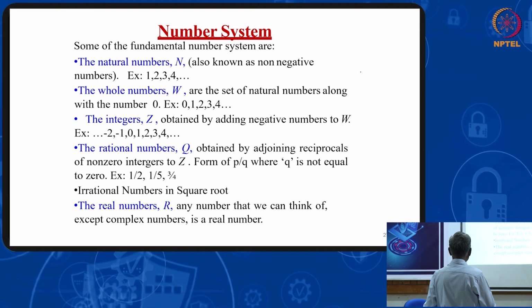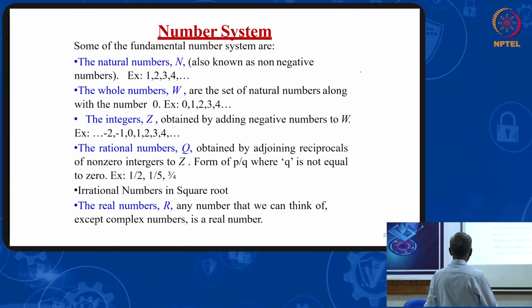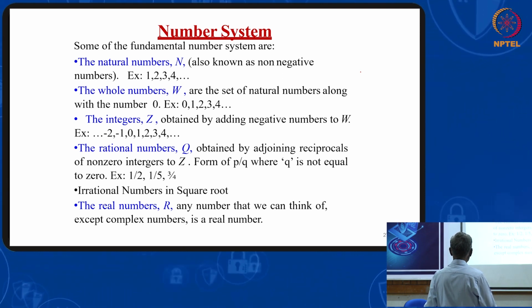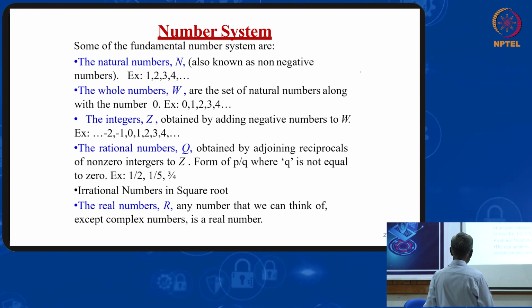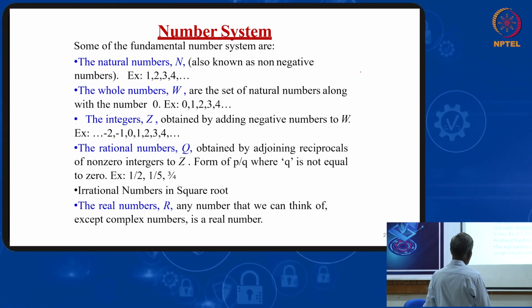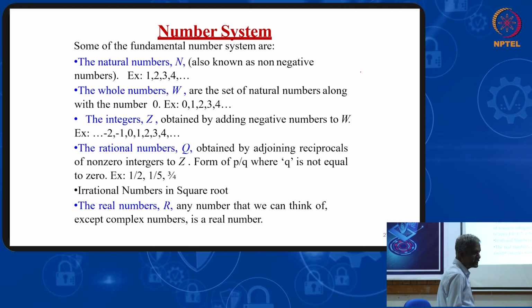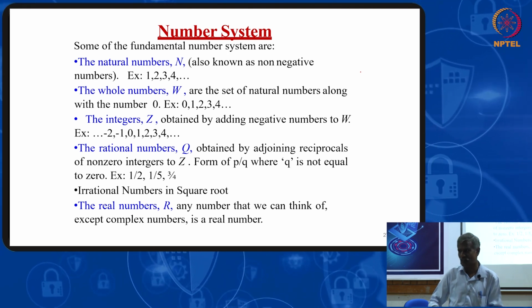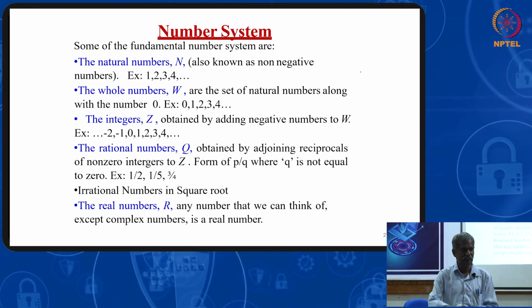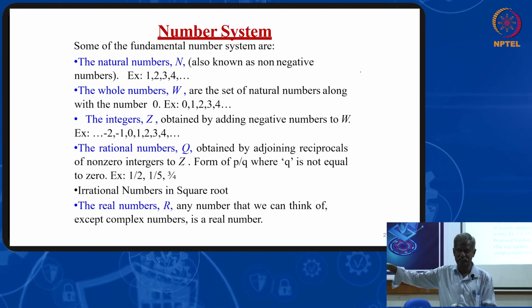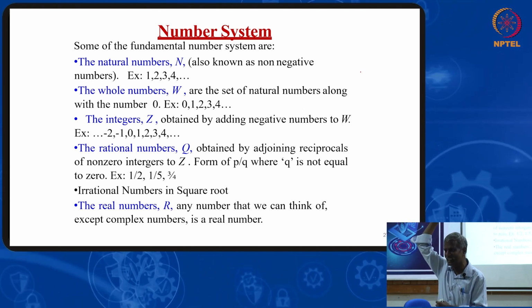The set of integers can be obtained by adding negative numbers to the whole numbers. So it starts with minus infinity, goes up to plus infinity: minus 5, minus 4, minus 3, minus 2, minus 1, 0, 1, 2, 3, 4, 5, 6, 7, 8, 9, 10, like that up to infinity.